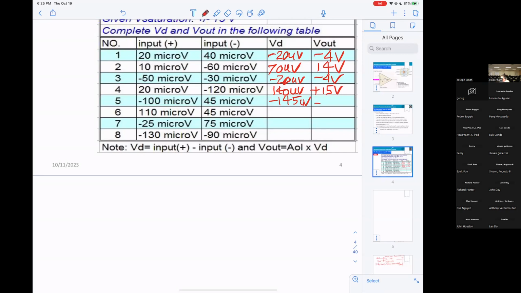Minus 15. Perfect, you guys understand. Not a problem. Next one, 65. The output is 13 volts.